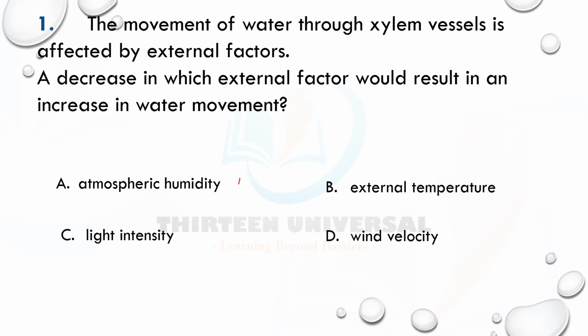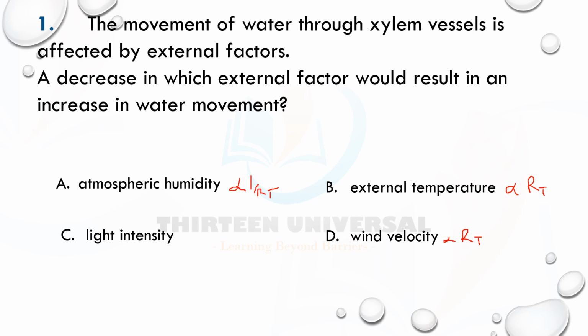Humidity is inversely proportional to transpiration rate, while external temperature is directly proportional to the rate of transpiration, RT. Wind speed is also directly proportional to the RT value.